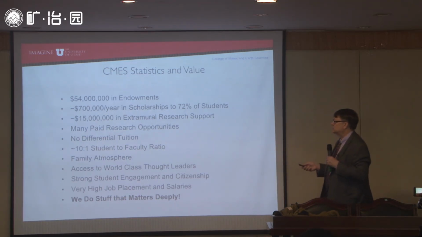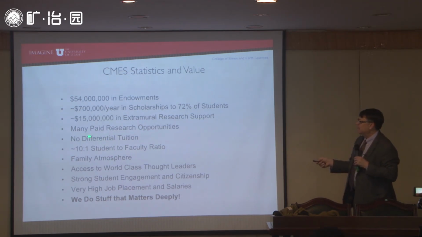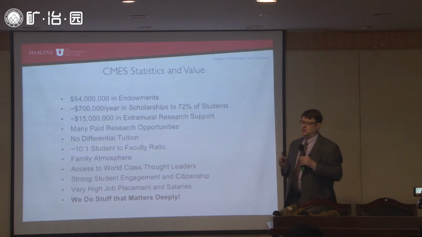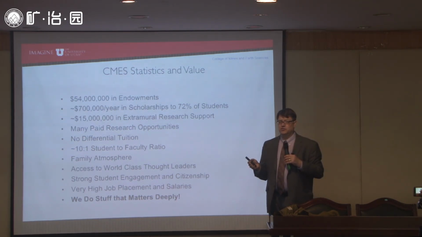For the undergraduates, we also have paid research, and the undergraduate students get paid around $12 an hour, and they're allowed to work up to 20 hours a week during the semester. And you work in the laboratory with a faculty member and other students.